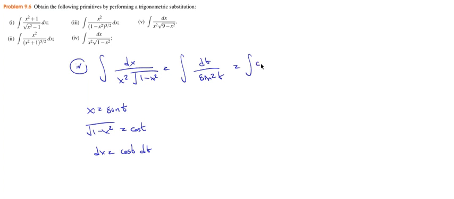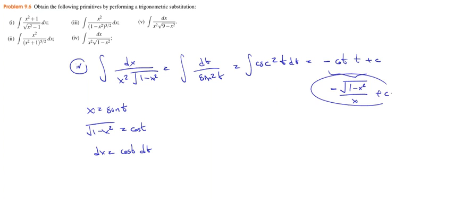So this is the same as the primitive of the cosecant squared of t, which is minus the cotangent of t plus c. So the cotangent is the cosine divided by the sine, so this is minus the square root of 1 minus x squared divided by x plus c. This is the primitive that we want.